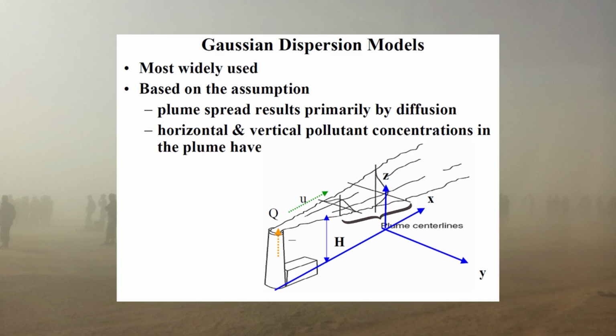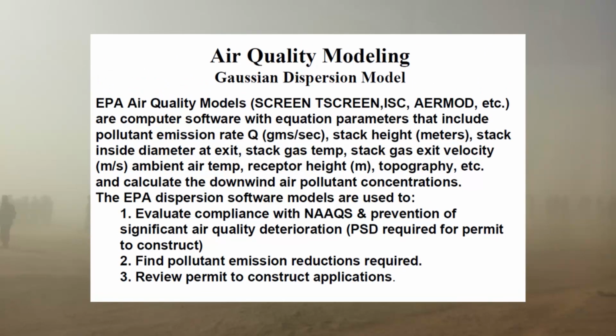So these are some of the models which use the Gaussian plume model, and this has been taken from the US EPA website. You can see the models are AERMOD, ADMS, like that. So many models are now available based on this Gaussian plume model. And I cannot tell all are based on Gaussian plume, but most of these models are based on the Gaussian plume model.